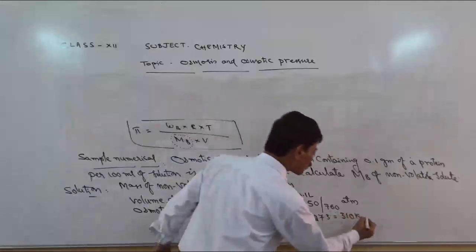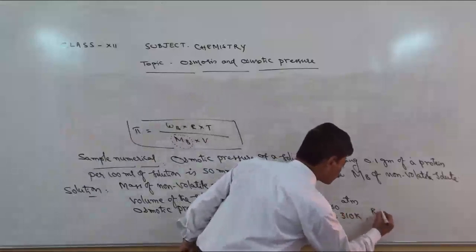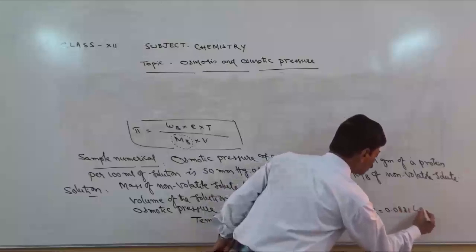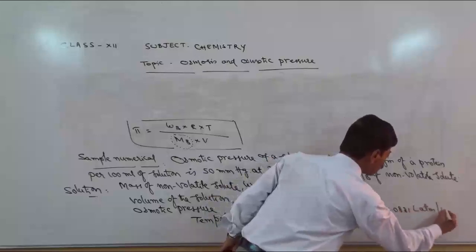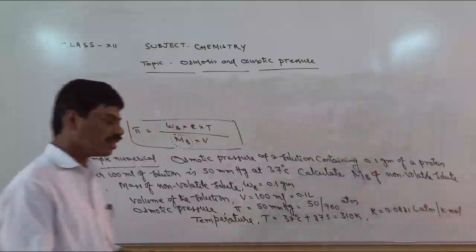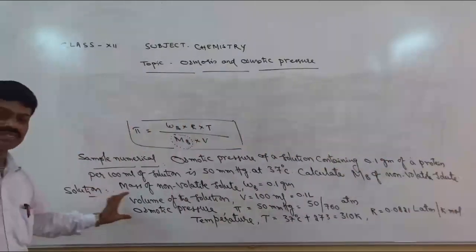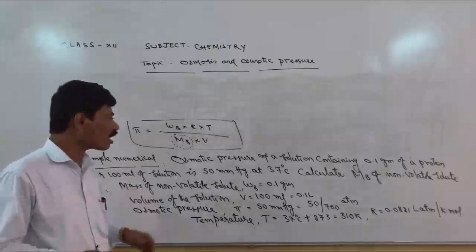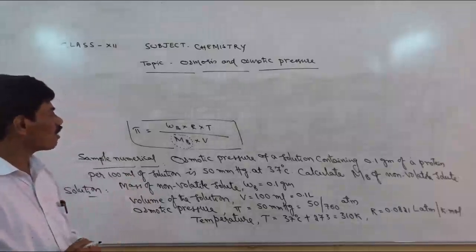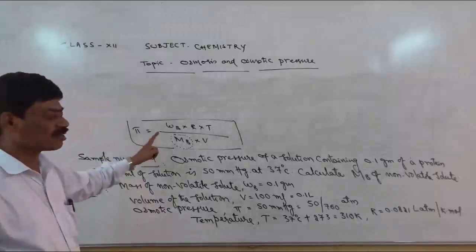And as usual, R value is 0.0821 liter atmosphere per Kelvin mole. This is the data. If you write this much, which is given in the numerical, you will get half mark out of 2.